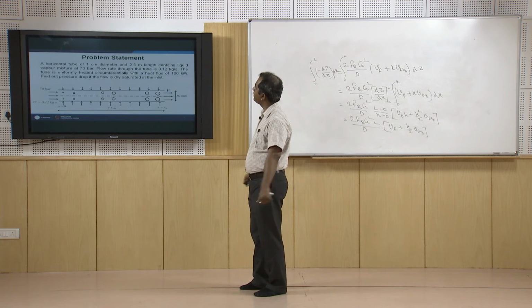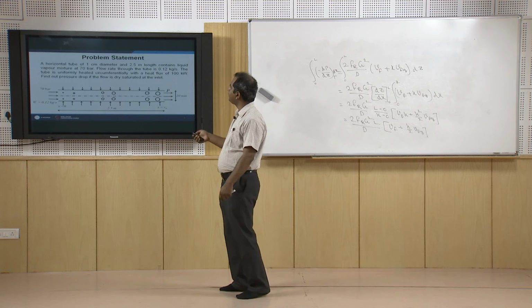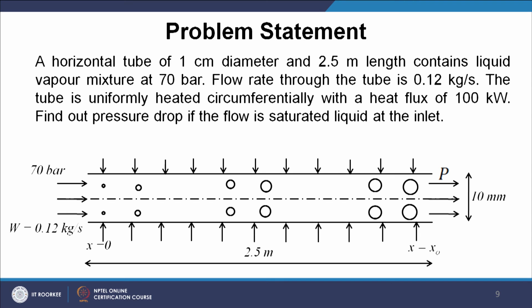So, here the problem statement is like this: a horizontal tube of 1 centimeter diameter. So, this diameter is 1 centimeter, 10 millimeter over here, and 2.5 meter length. So, length is 2.5 meter, and it contains a liquid vapor mixture at 70 bar. So, pressure is 70 bar. Flow rate through the tube is 0.12 kg per second.